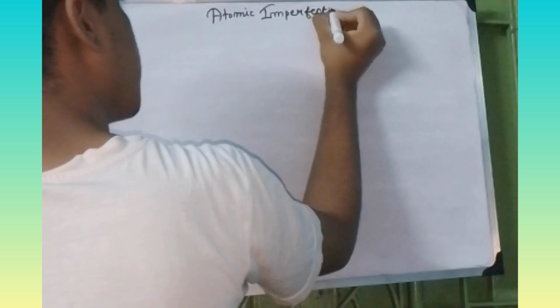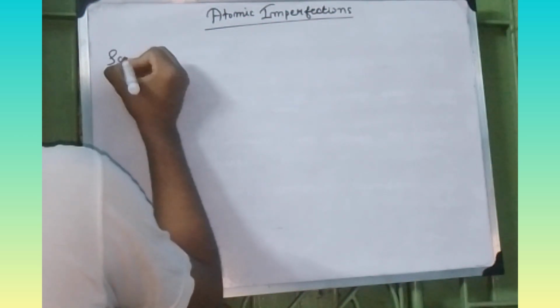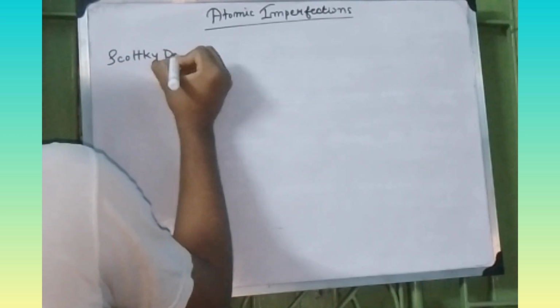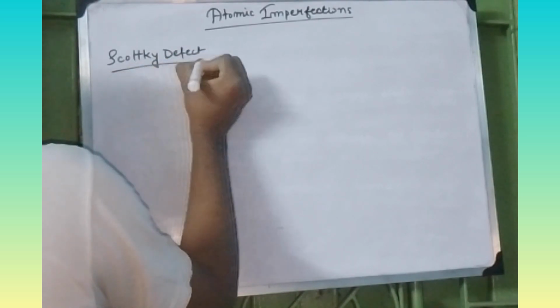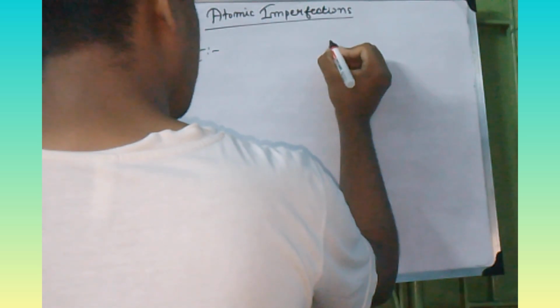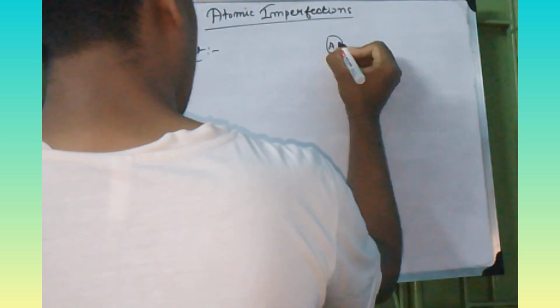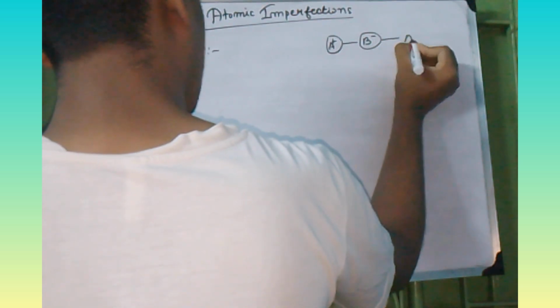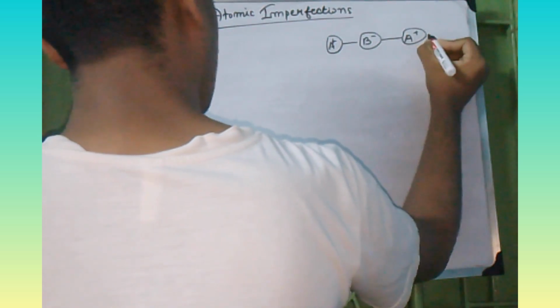Now we will learn about the various types of atomic imperfection. Remember, all these imperfections are related to the previously discussed defects, which are the vacancy and interstitial defect. First, we will learn about the Schottky defect.